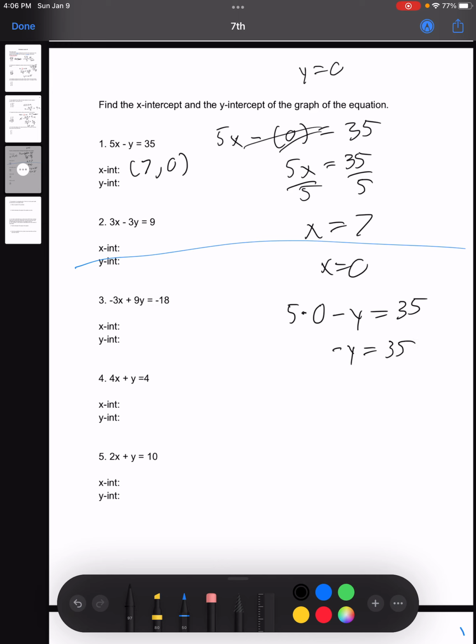We want y to be positive, so we just move that negative sign over by multiplying both sides by negative 1. Now we get y is equal to negative 35, and that is the y value at which this line will intercept the y-axis. So we want to write it as a coordinate, and we get (0, -35).